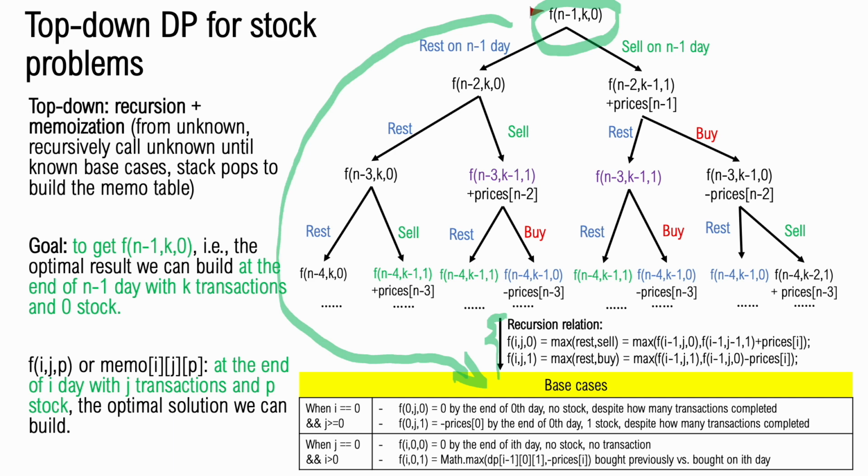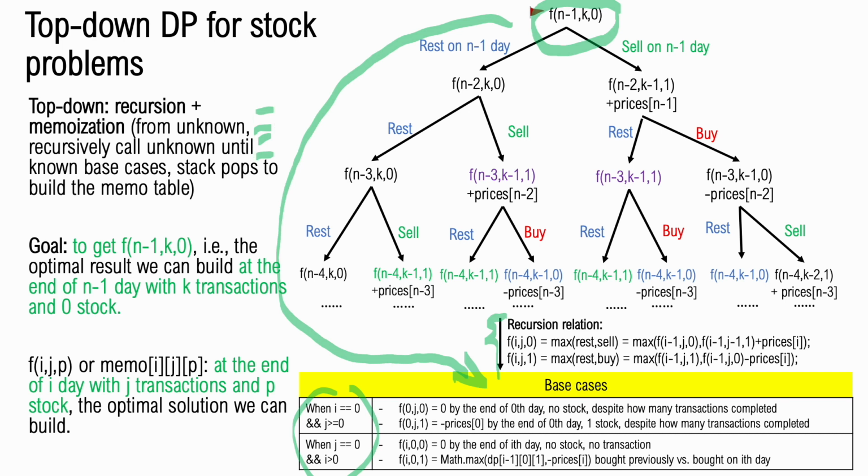During the recursive calling, we will have a recursion stack, and once they hit the base cases, we have the known information, and then the recursion stack will start popping.